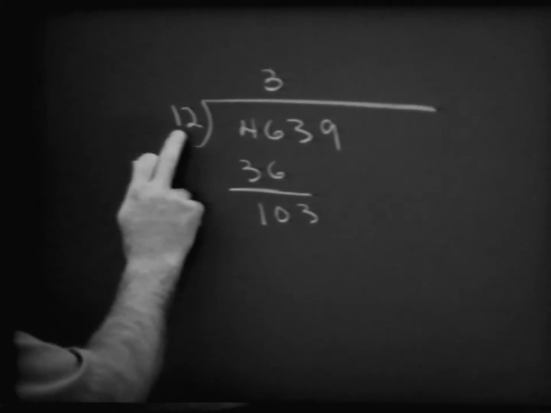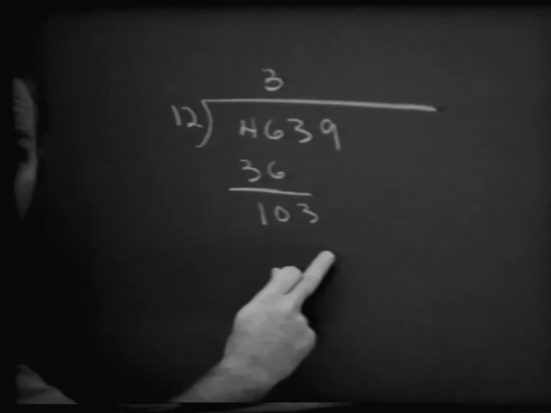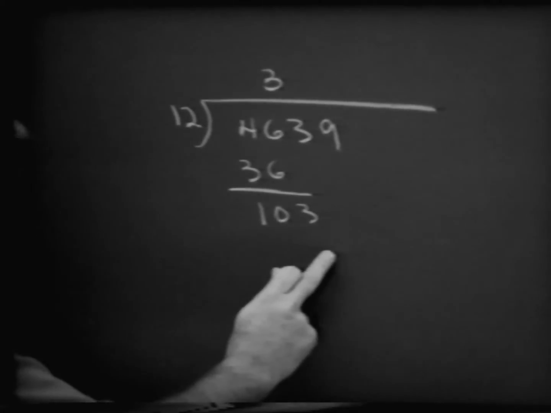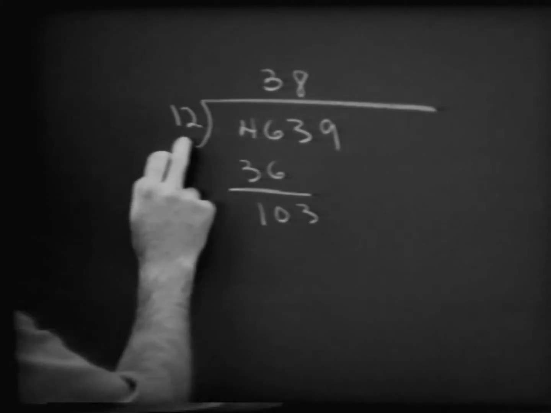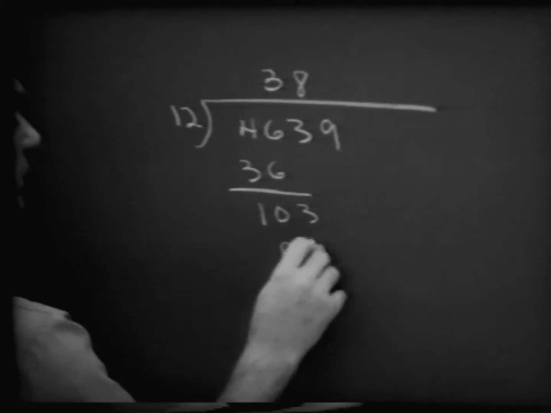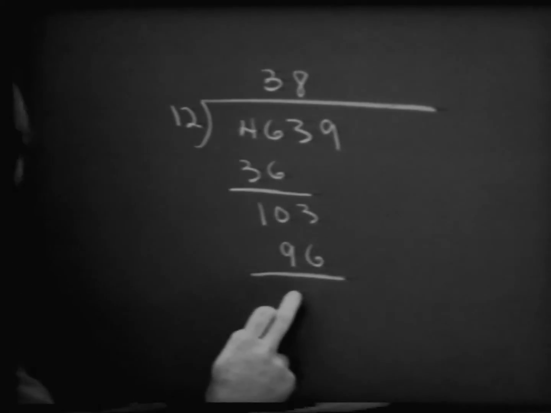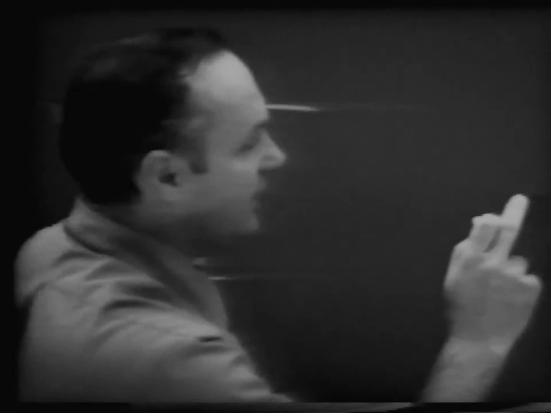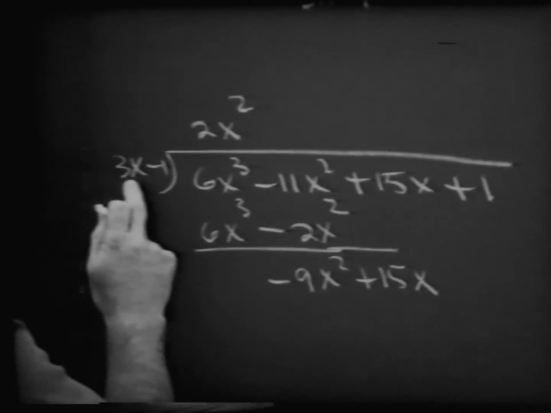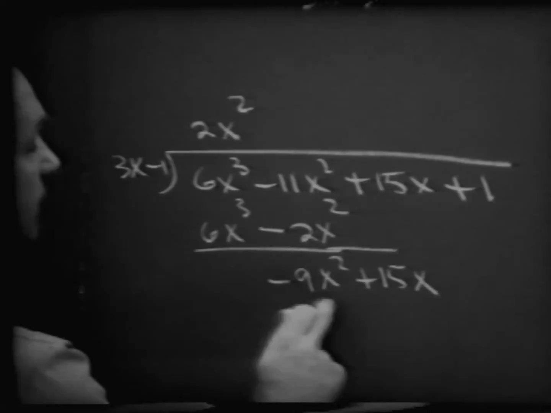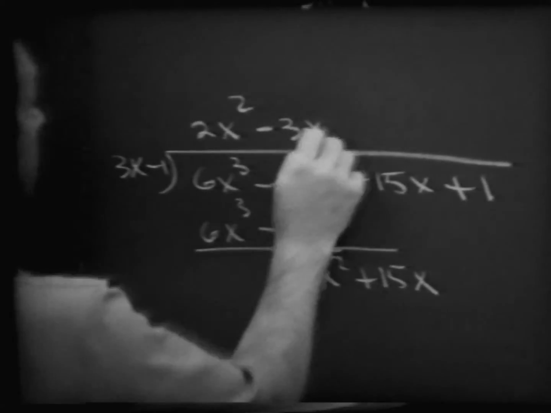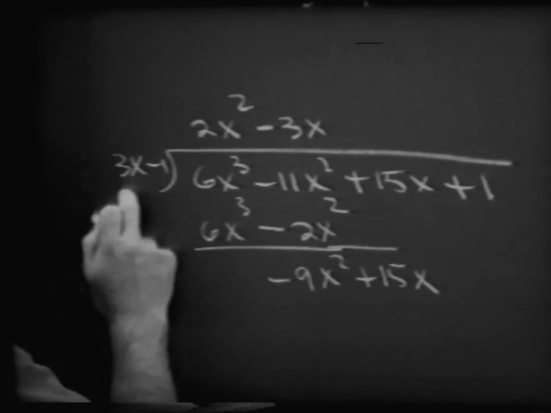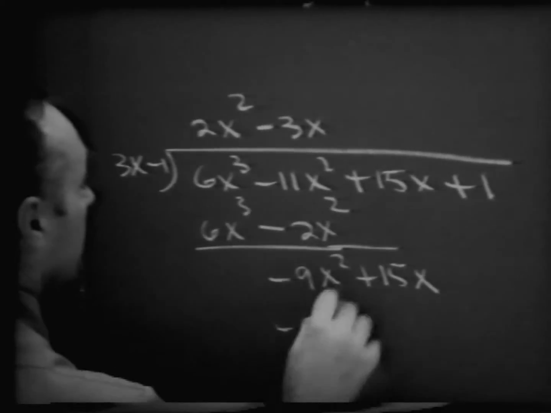Now we'd like to divide 12 into 103. And that goes how many times? 8. That goes 8, is that right? And so 8 times 12 is 96. And then we'd like to take the difference. Again, let's come back over here to our algebraic case. 3x into a negative 9x squared goes negative 3x, because negative 3x times 3x is a negative 9x squared.